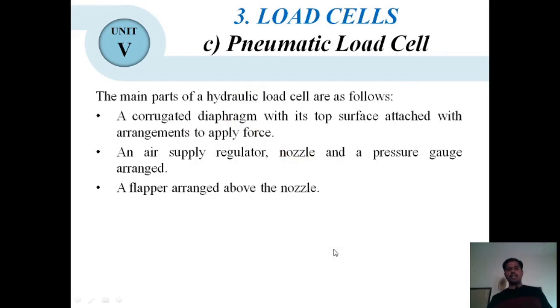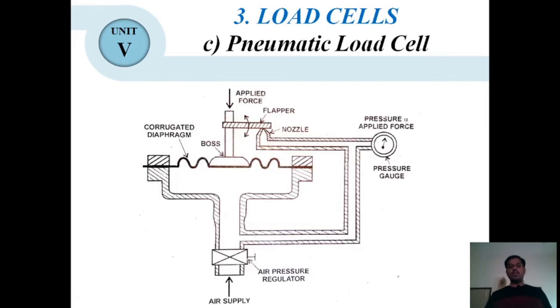Next, a flapper is arranged above the nozzle. So what is this flapper? This is the flapper which will open and close the nozzle opening. It is arranged on the top of the nozzle, and it is connected to your applied force.